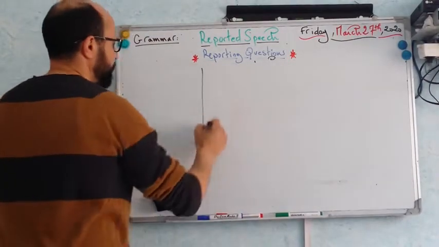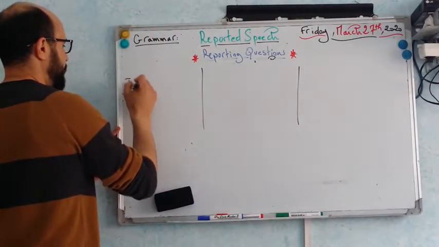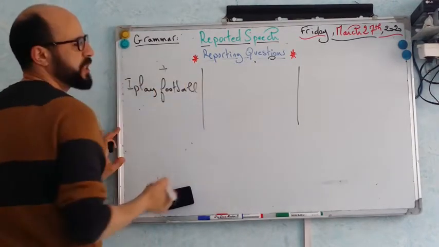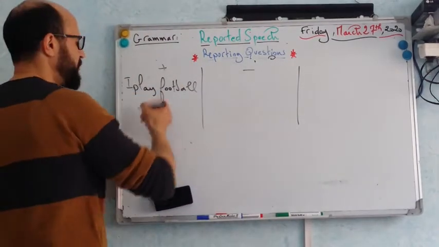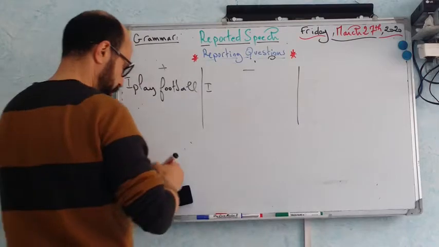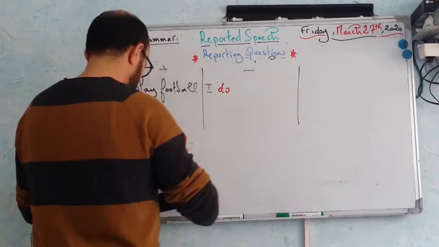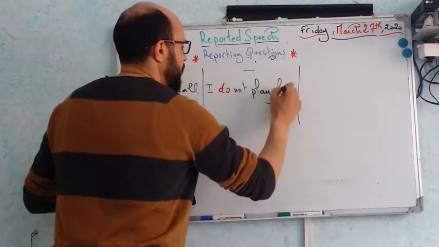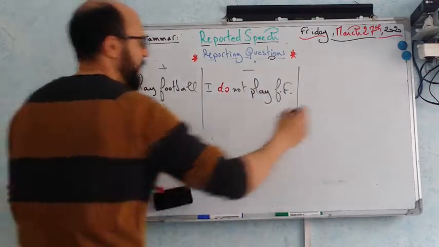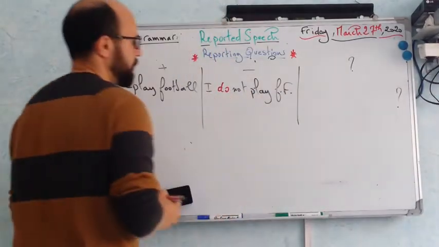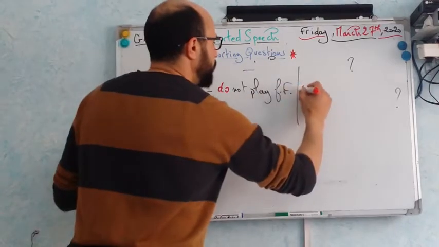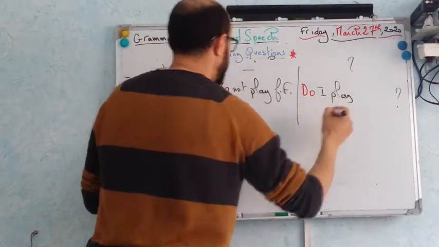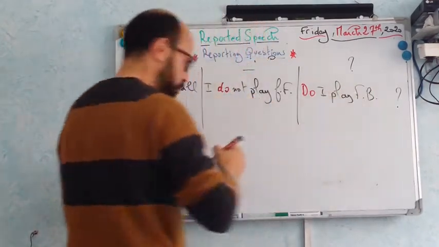I'll explain. Imagine we have a sentence like this: I play football. It's an affirmative sentence. How can we transform it into a negative sentence? I do not play football. Now I want to make a question. Good. Do I play football?